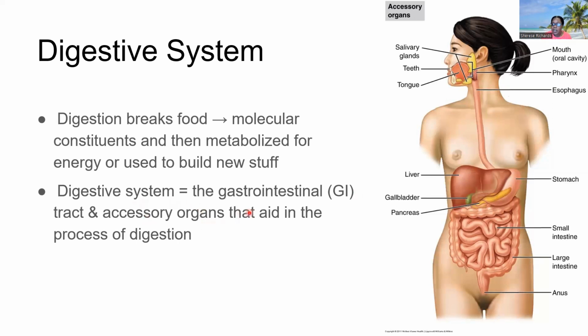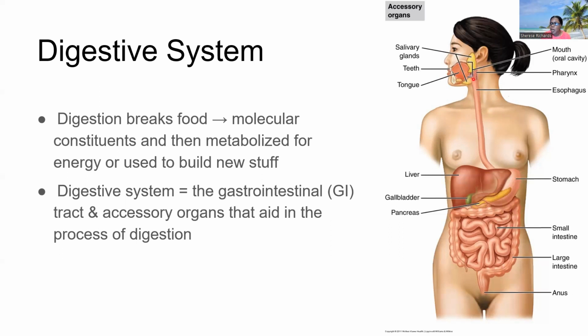Now, there are some accessory organs that help with the process of digestion and help to break those food particles down, and help to mobilize those biomolecules. So our salivary glands are one of those groups of accessory organs. And we described these in week 1, the parotid, the sublingual, and the submandibular.